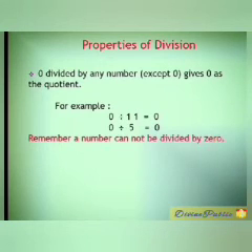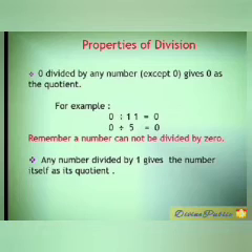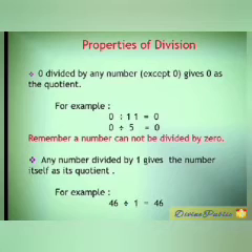Remember, a number cannot be divided by 0. Now the next concept, any number divided by 1 always gives the number itself as its quotient. For example, 46 divided by 1 should be 46 and 10 divided by 1 equal to 10.